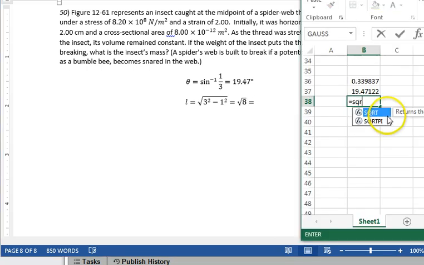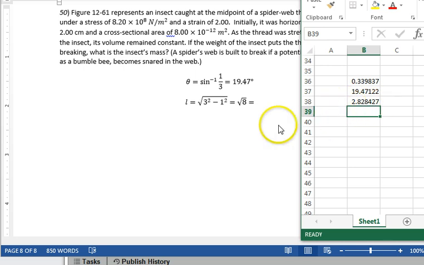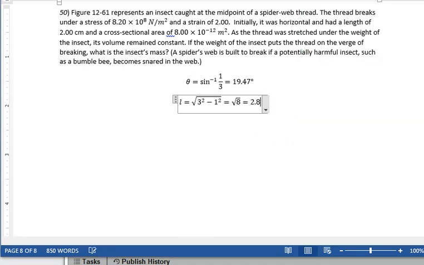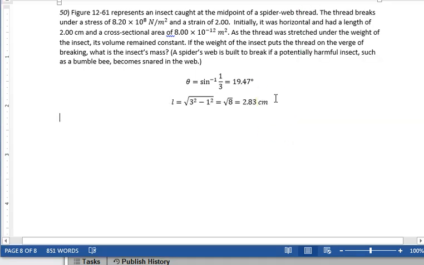I don't know that we need this yet, or at all. All right, 2.83 centimeters. So now we know how far it has gone down.